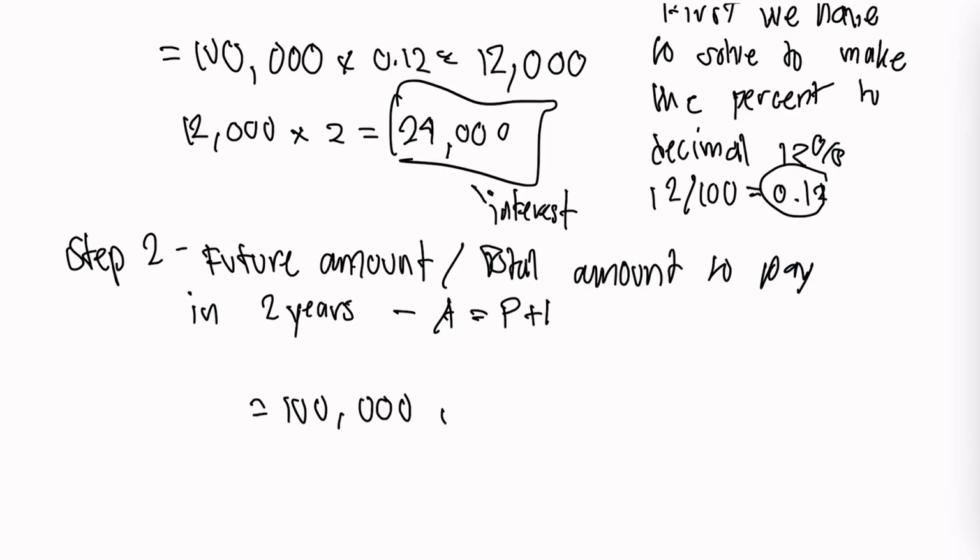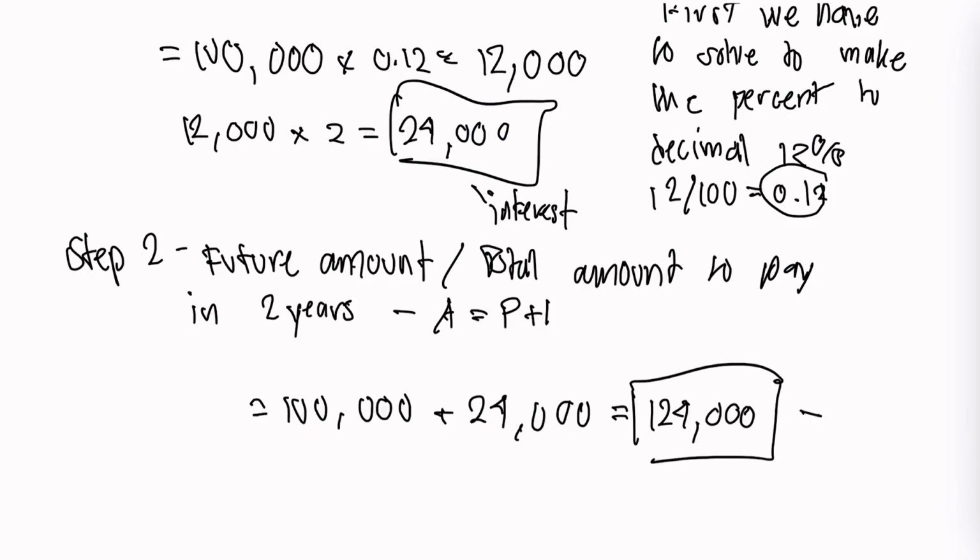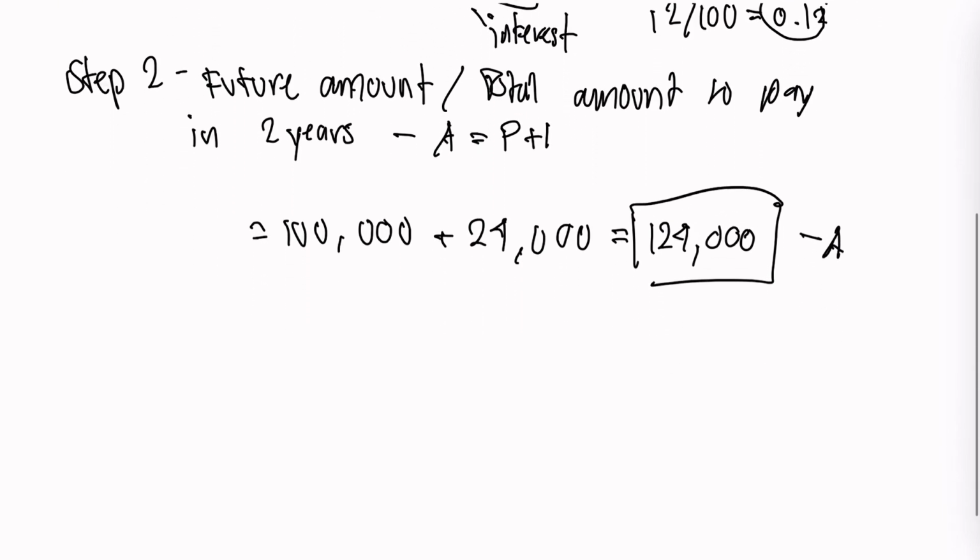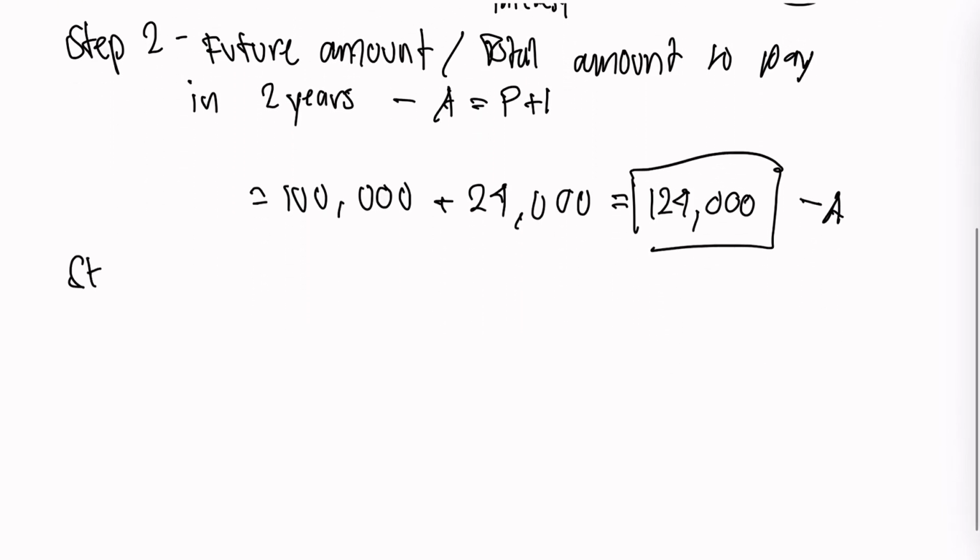The value of our P is 100,000 and the I is 24,000. Then equals 124,000. So that is our future value. Now let's proceed to our step 3.